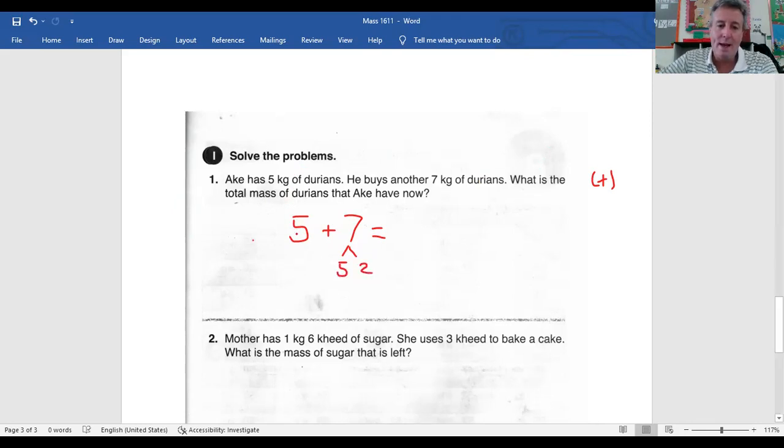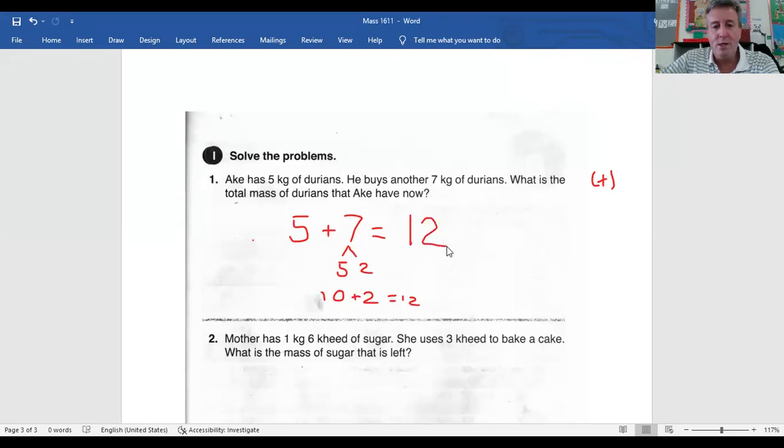And now we can say 5 plus 5, we know our number bonds of 10. 5 plus 5 is 10, and now we've got 10 plus, we've still got 2 left over, 10 plus 2 equals 12, doesn't it? So our answer is 5 plus 7 equals 12.